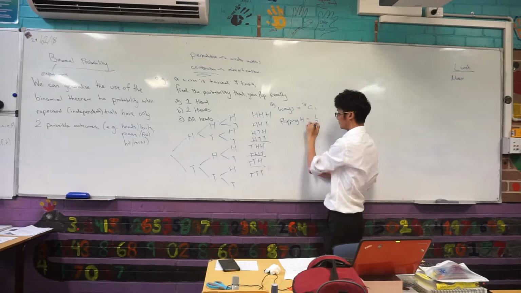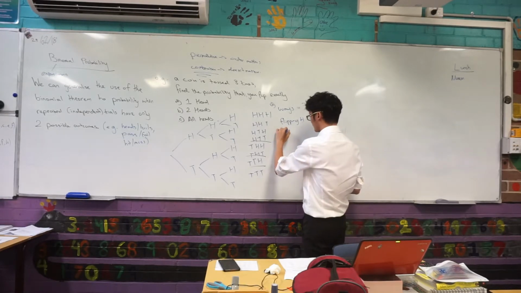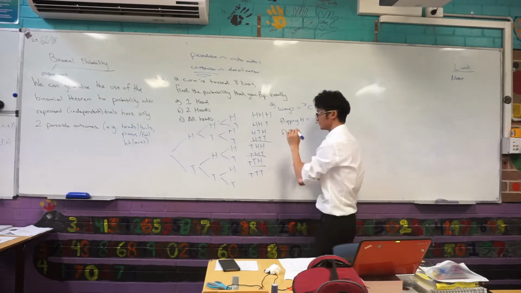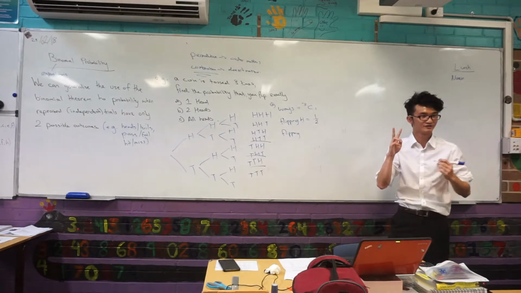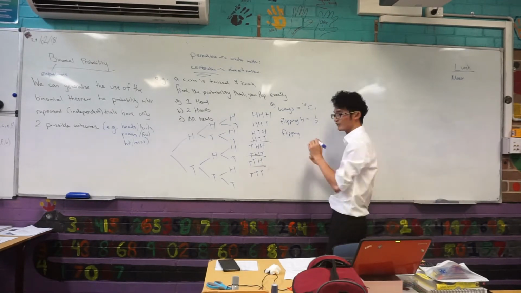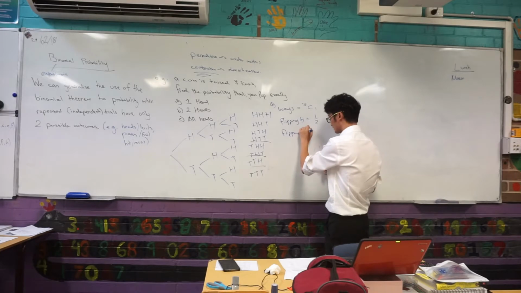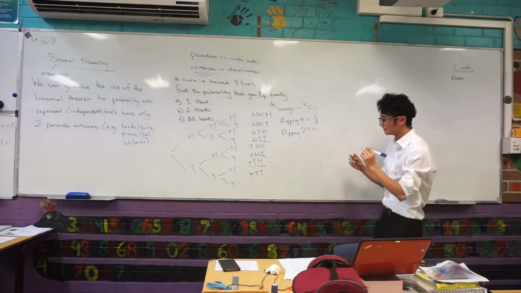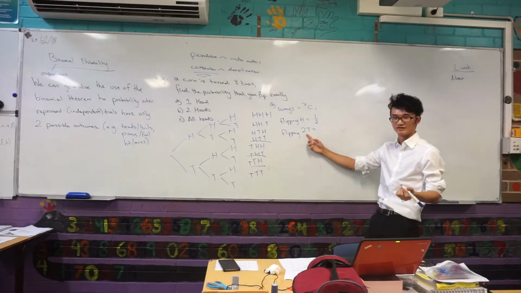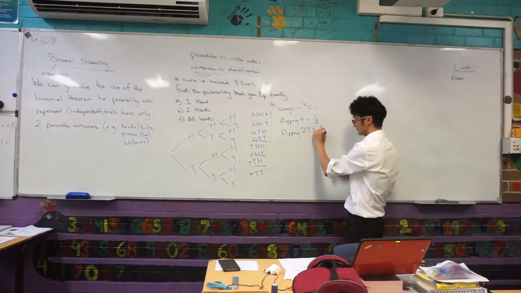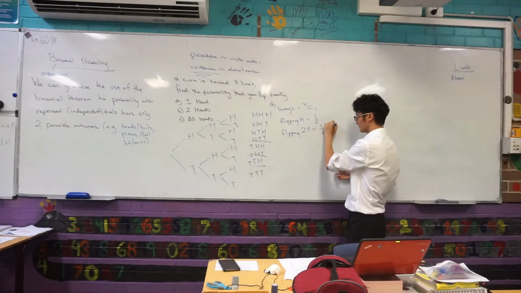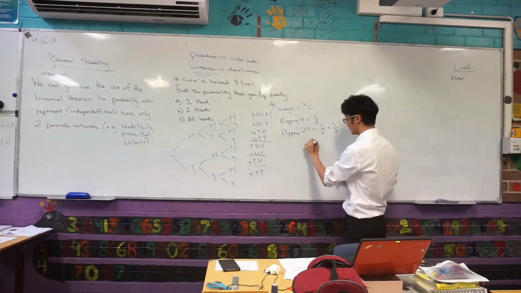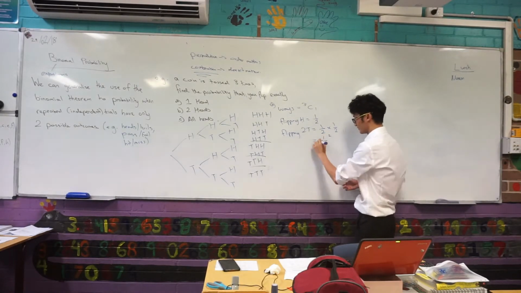If I'm only flipping one head, what are my other 2 outcomes going to be? They're going to be tails. Not just one tail, I'm flipping 2 tails. So what's the probability of flipping 2 tails? Since it's a coin, it'd just be half times half, or half squared.